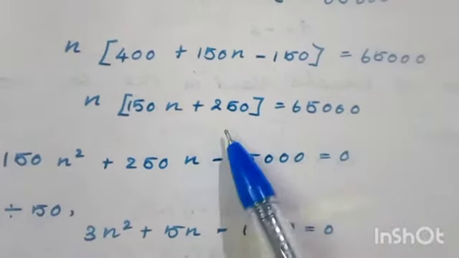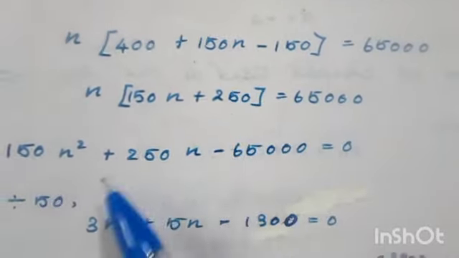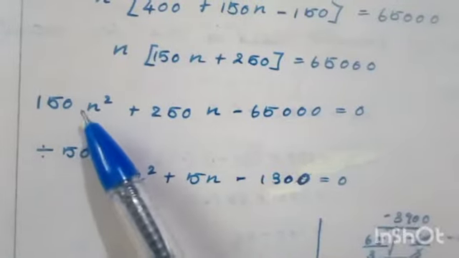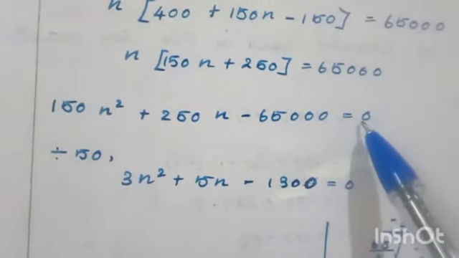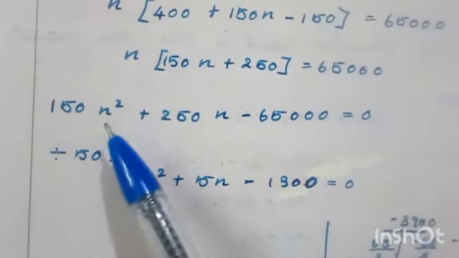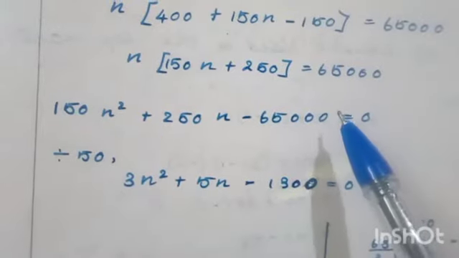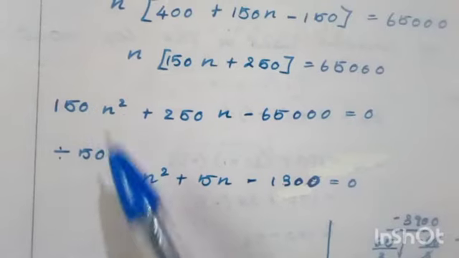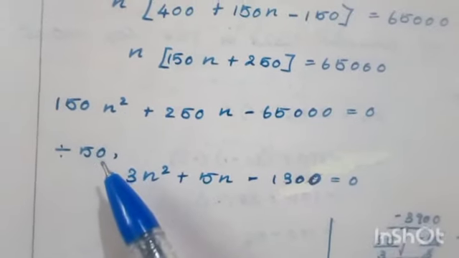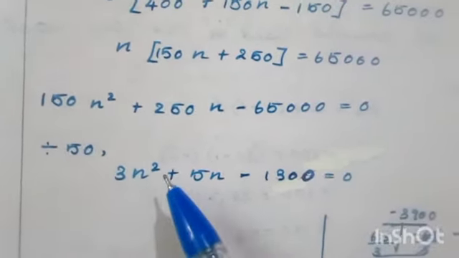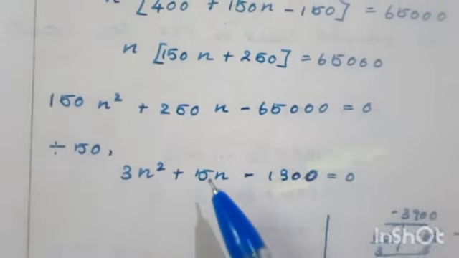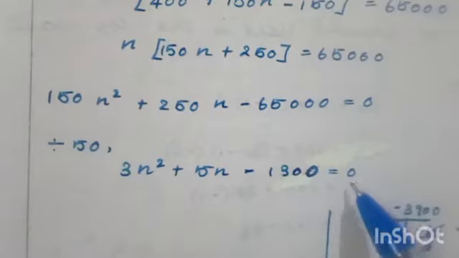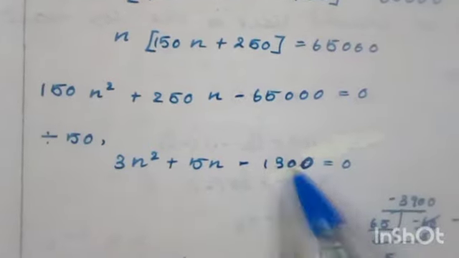Take this 65,000 to the left hand side. So it is in quadratic form. Now it is possible to divide by 50. Dividing by 50 you get 3n square plus 5n minus 1,300 equal to 0. Now we want to find the factors for this.